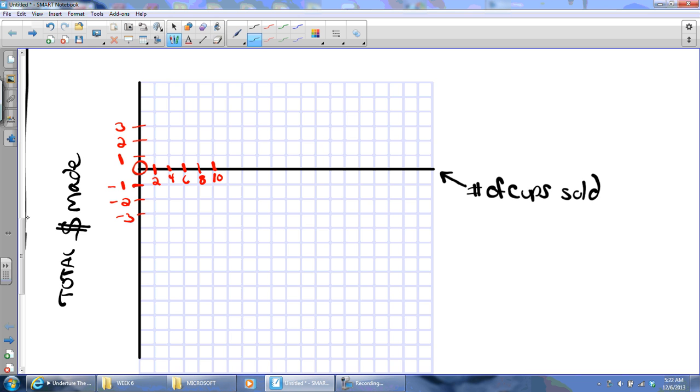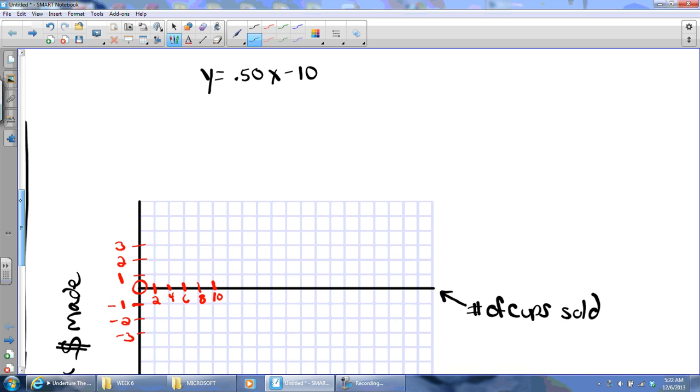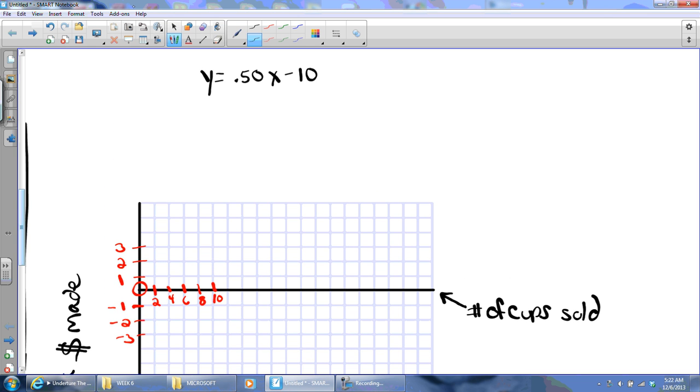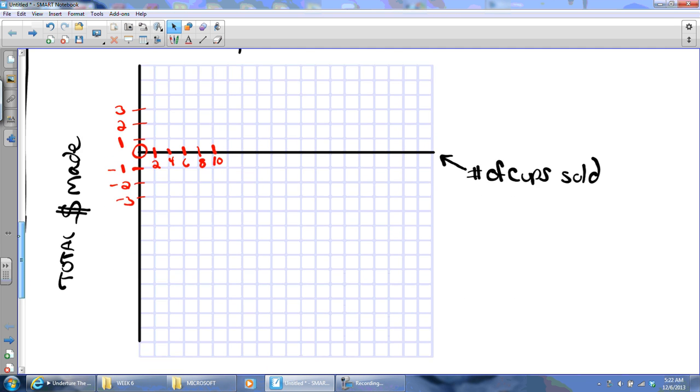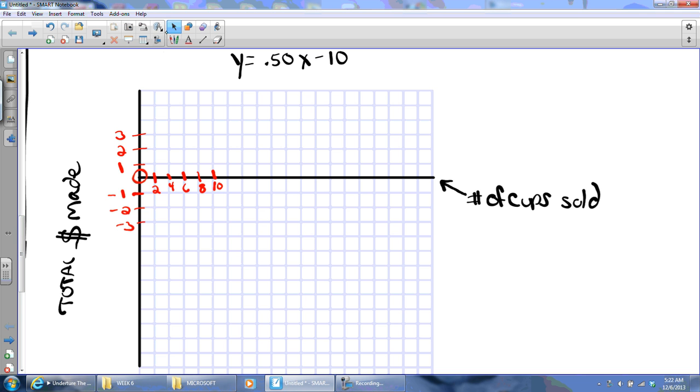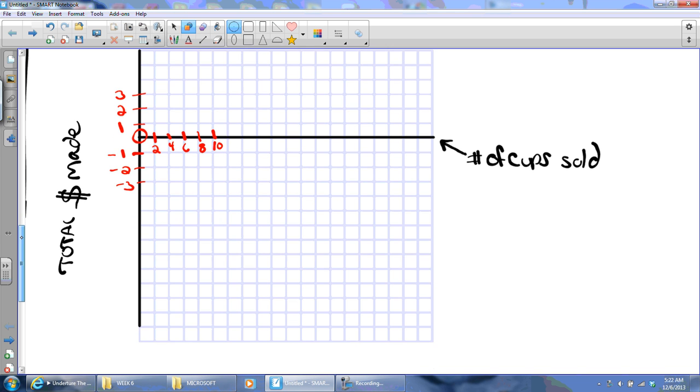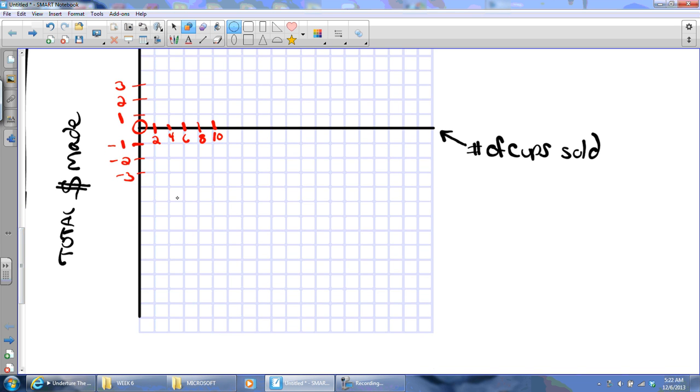Based on our equation, when Bob has not sold any cups, he's made negative $10. So I'm going to plot that point first. And notice on the y-axis, I'm counting by ones, but on the x-axis, I am counting by twos. So let's see, 4, 5, 6, 7, 8, 9, 10, I think is right about there.